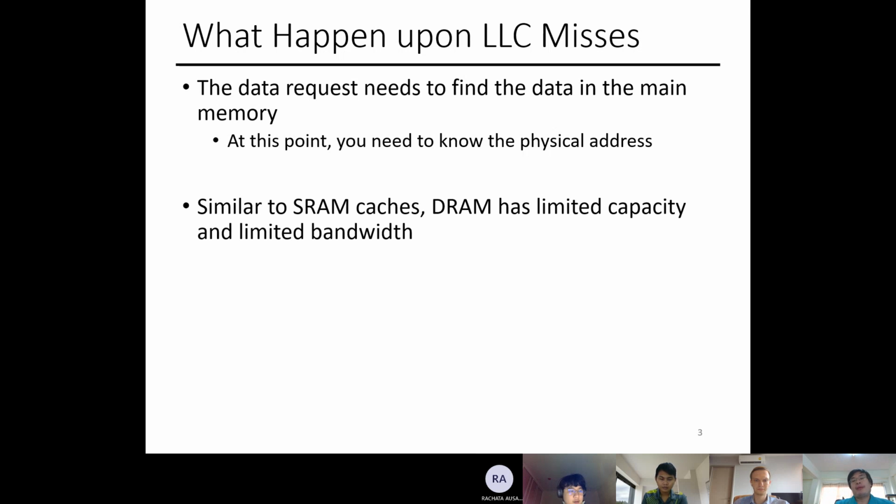So similar to the SRAM cache, DRAM also has limited capacity and limited bandwidth, right? So today it's pretty clear. Does anyone have a question about why DRAM has limited capacity? That should be pretty simple to understand, right? There's a certain size to your DRAM. You can't pack any more transistors. So it's 8 GB, 16 GB, 32 GB per DIMM.